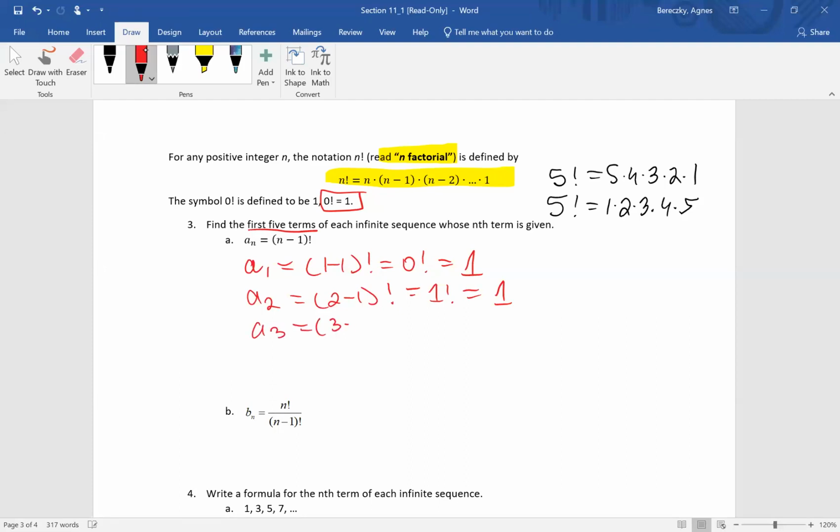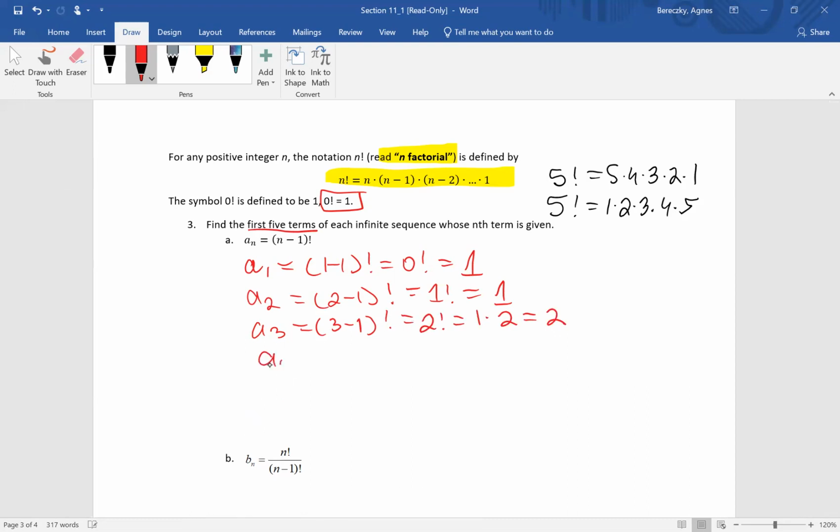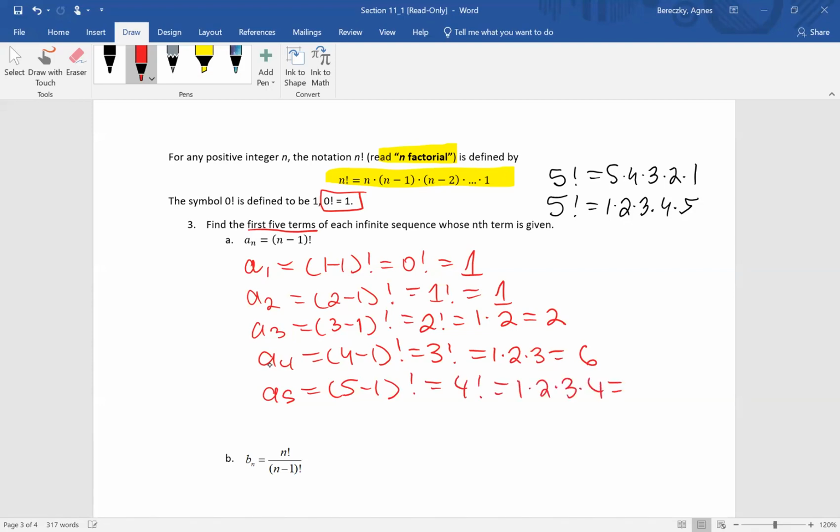A3 will be 3 minus 1 factorial, 2 factorial, 1 times 2, which is 2. A4 will be 4 minus 1 factorial, which is 3 factorial, 1 times 2 times 3, which is 6. And lastly, A5 is 5 minus 1 factorial, which is 4 factorial, 1 times 2 times 3 times 4, which is 24.